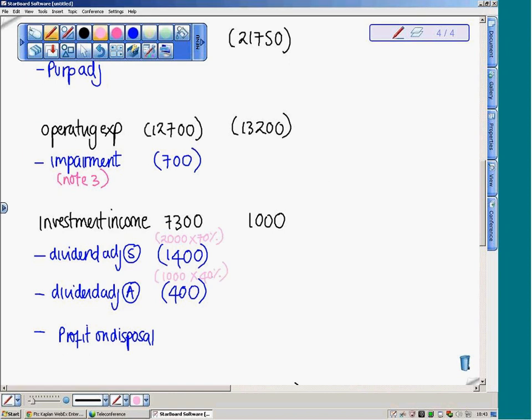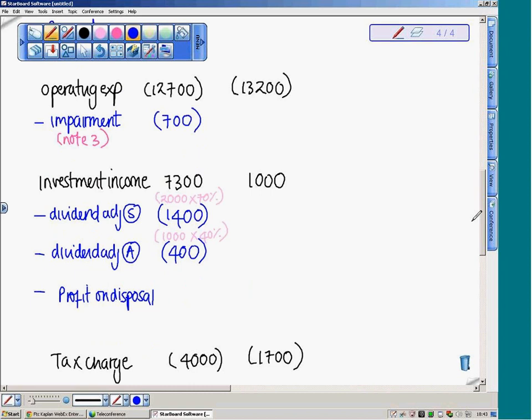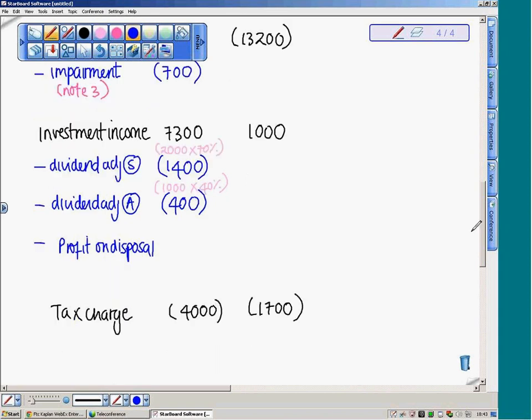In addition to that, they also tell me in note 6 that the parent has accounted for the profit on the disposal of their subsidiary as part of their investment income. Now, from an individual perspective, we said up front that all the parent would be doing is comparing the proceeds that they've received, 15 million, and that was stated to us in one of the notes.